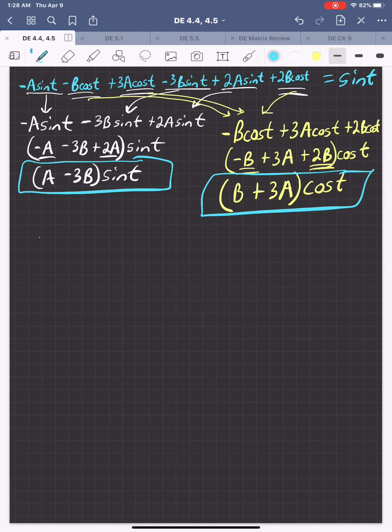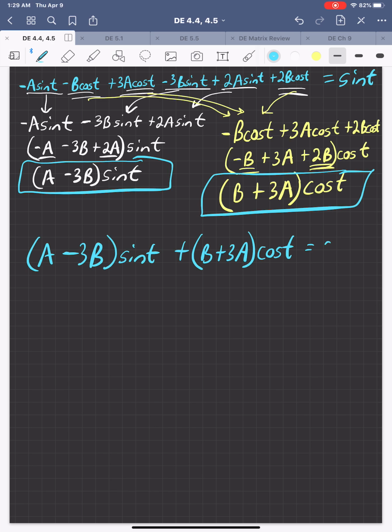Here it is: I have a minus 3b sine of t plus b plus 3a cosine of t, and that has to equal sine of t. If you're with me so far, awesome. We're almost done with this problem. Just bear with me.